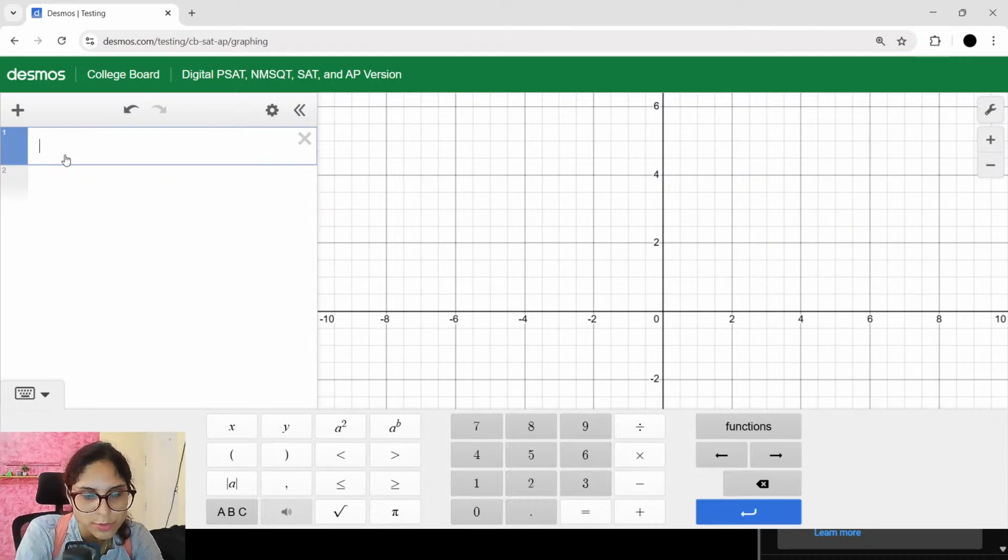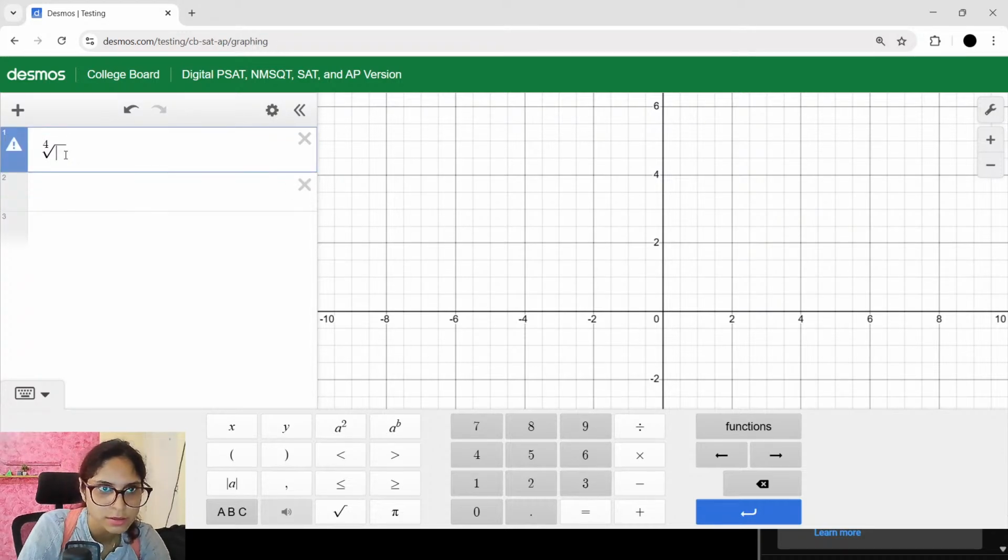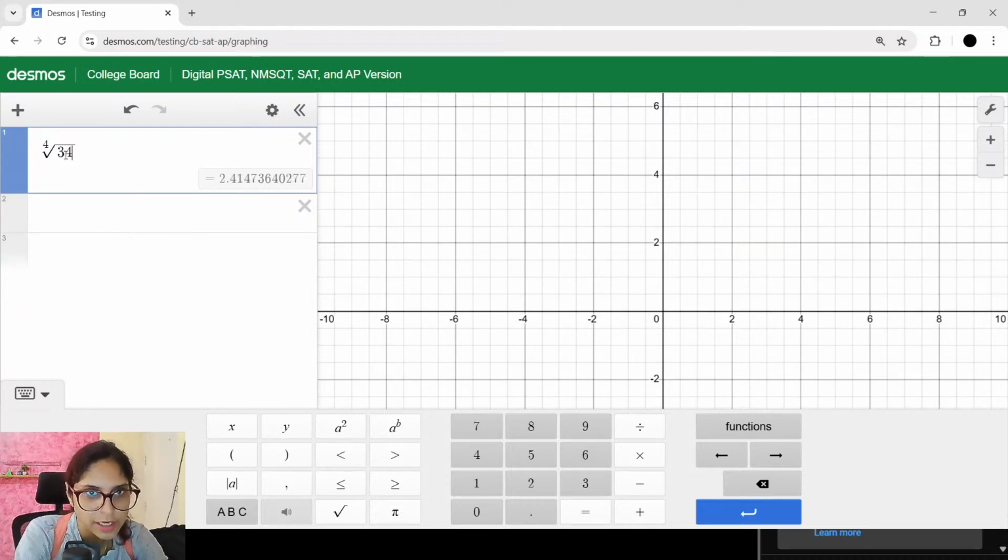So nth root. I'm showing it again, nth root. It will become this symbol and you can find anything. Let's see. So you can get the functions also, you can get the values also. All right. And here again, you're not seeing any conversion because it's an irrational number.